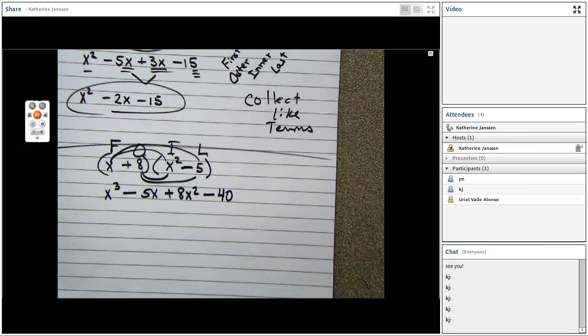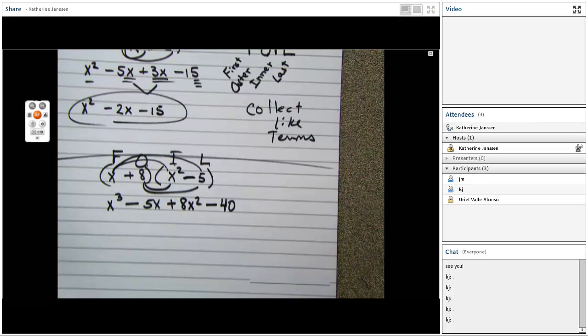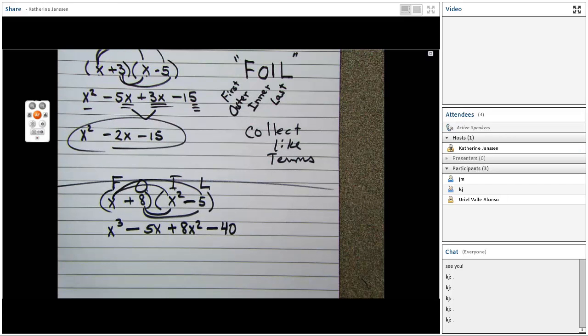So I've expanded using FOIL as a hint or tip when I'm multiplying a special case of a binomial times a binomial. And now, once expanded, I need to collect like terms if possible. X cubed is x cubed.